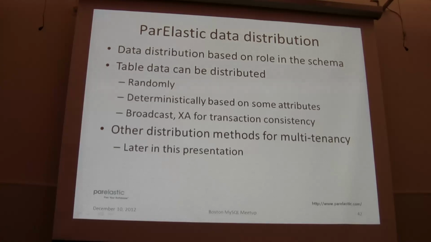So whatever schema you come up with, you make a one-time choice of how you want those tables to be distributed. After that, it's up to the database to figure out how to actually execute your query. Are the tables co-distributed for joins and all of that stuff? That's all magic for you. We'll talk about multi-tenancy later. It's just a placeholder to say there are other distribution types if you do use multi-tenancy with us.